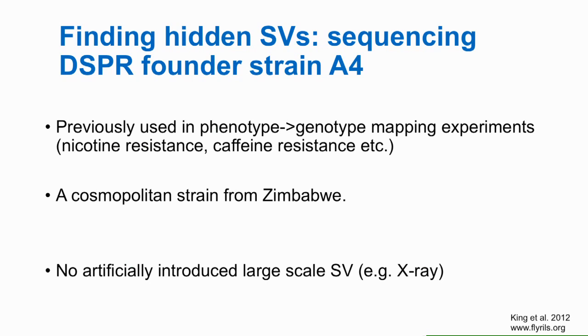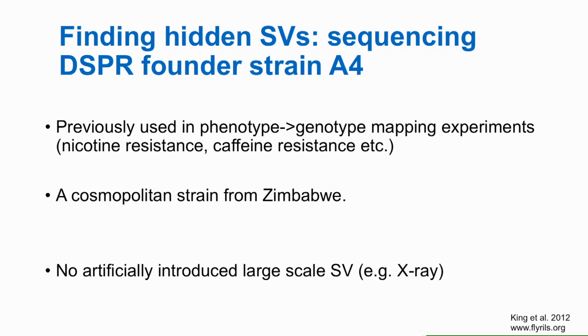The strain we sequenced, A4, is one of the founders that was used to generate these 1,700 lines. There is nothing extraordinary about A4. It is a cosmopolitan strain that was captured in Zimbabwe in the 1960s. It's just a wild-type strain which has no artificially introduced structural variants in it.